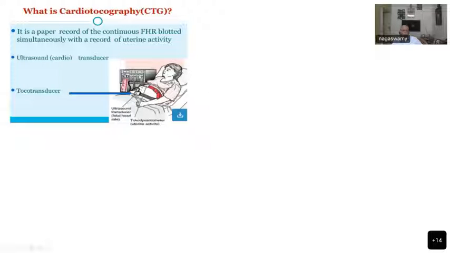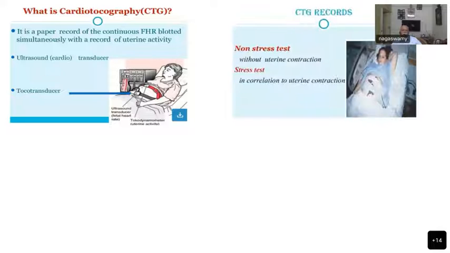So that's why it's called cardiotocograph. Cardio to measure the heart rate of the fetus, toco to measure the, so we say tocolytic, isn't it? The drugs which relax the uterus are called tocolytics. So when you monitor the contraction, it is a tocometer or a tocodynamometer.